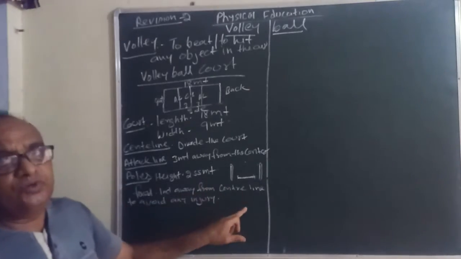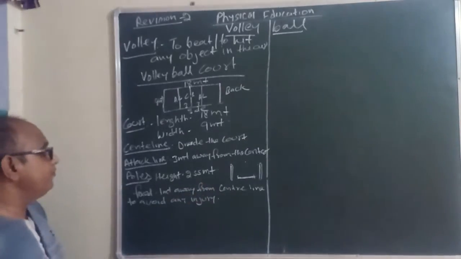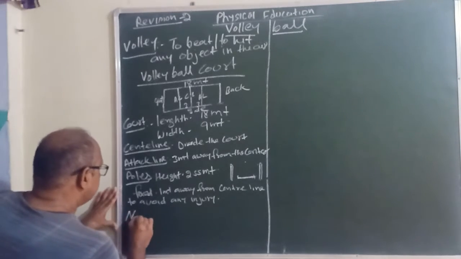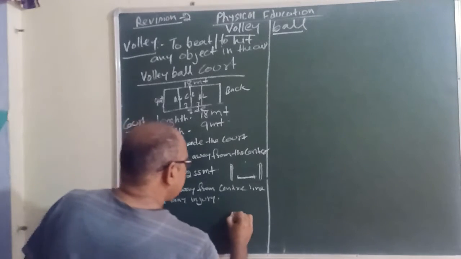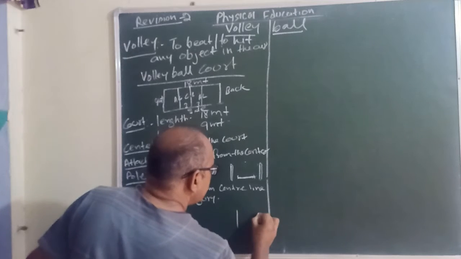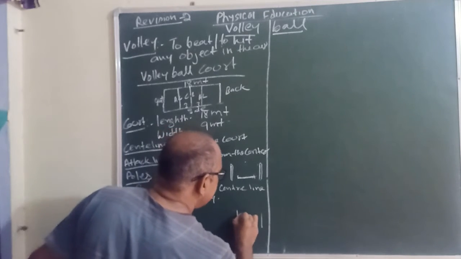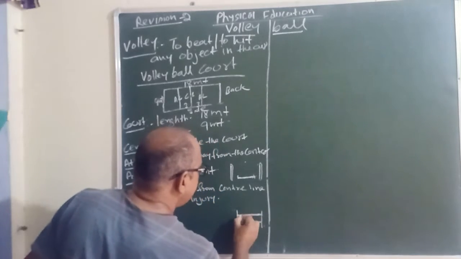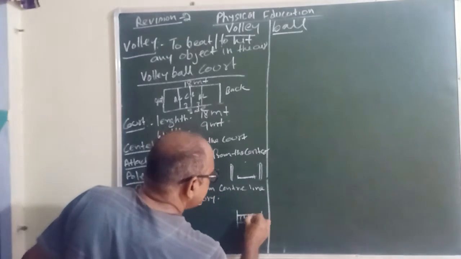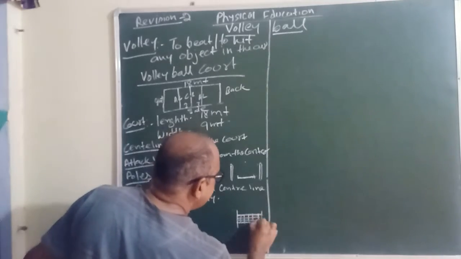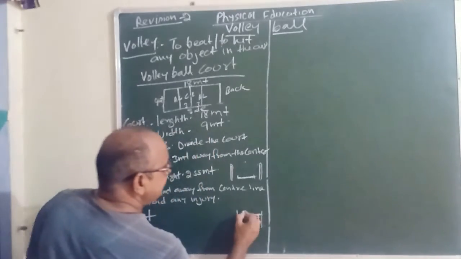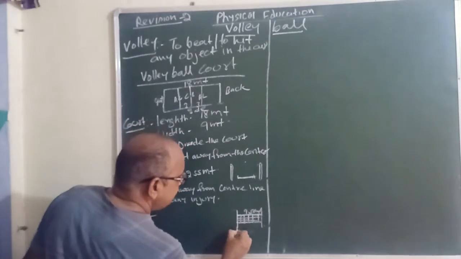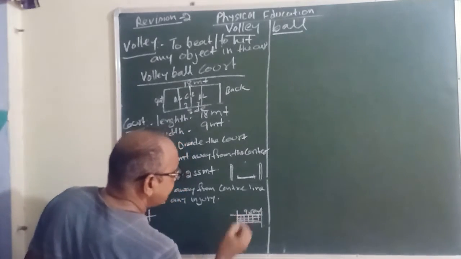After this, you have to explain with the help of a diagram, the net. Again, you have to make poles, and you have to show the net with the help of a picture. This is your net.